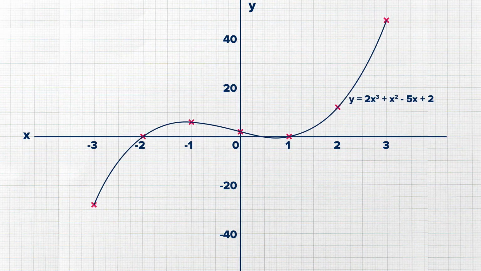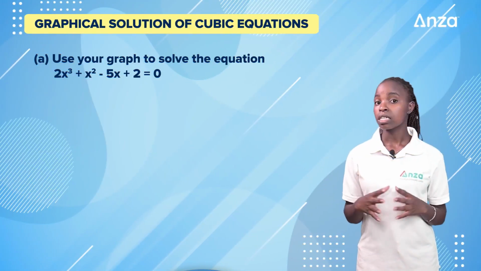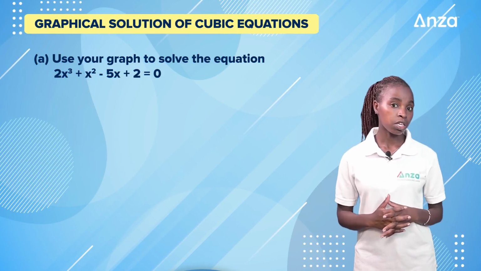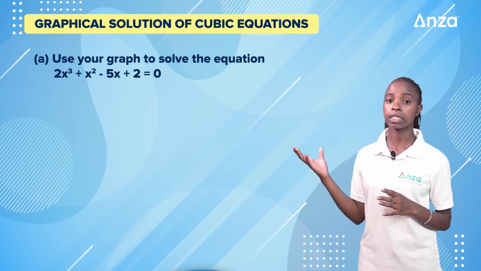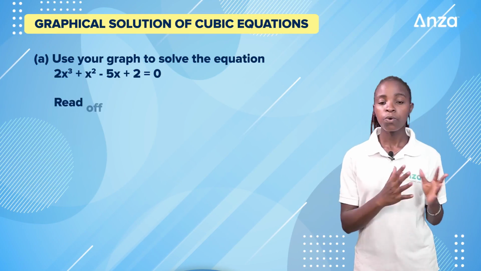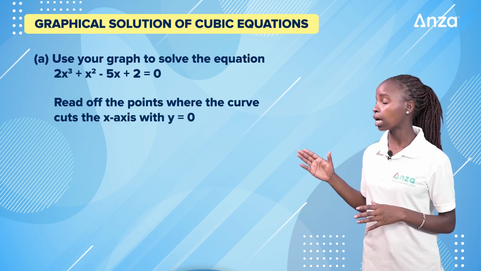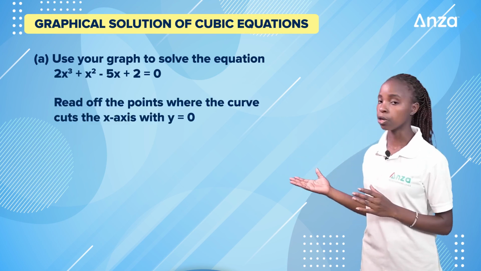The function y is equal to 6x plus 12 is a straight line and intersects the curve as shown in the diagram. In solving part A, that is in using the graph to solve the equation 2x cubed plus x squared minus 5x plus 2, we will read off the points where the curve cuts the x-axis with y being 0.